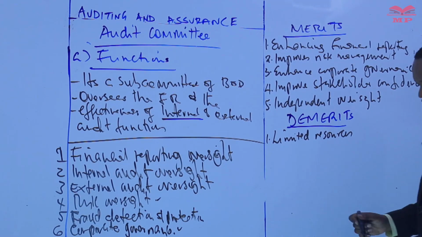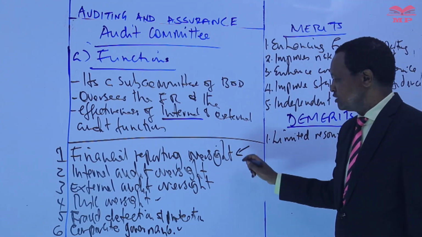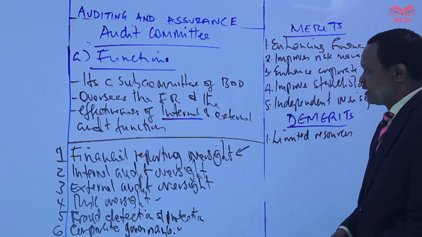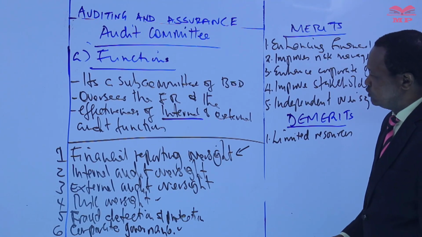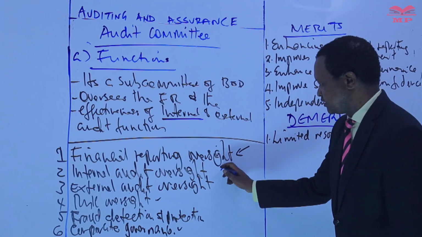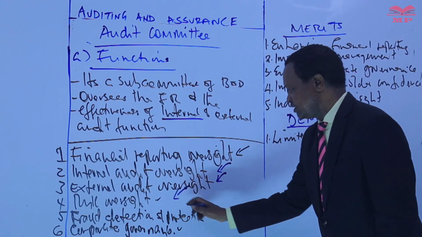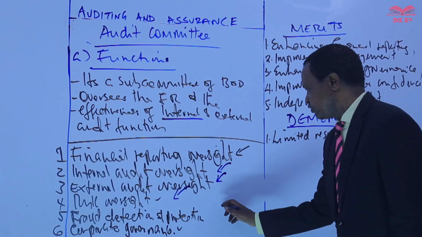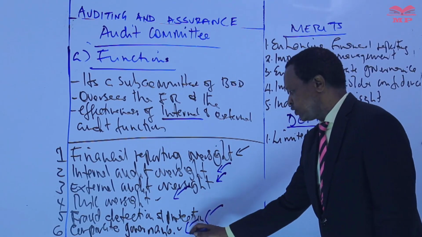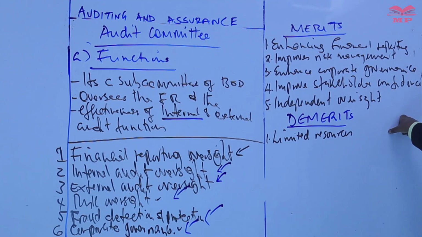Being able to carry out these functions, candidates, is not a walk in the park. Being able to do financial reporting oversight, internal audit oversight, external audit oversight, risk management oversight, fraud detection and protection oversight, corporate governance requires individuals who are highly qualified, who have the relevant and necessary competencies.